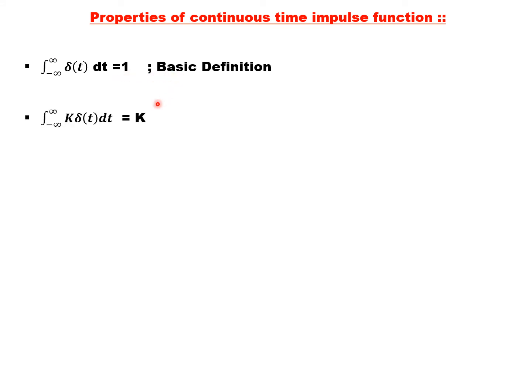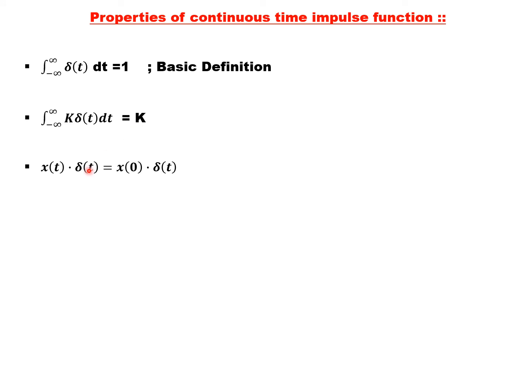Then suppose you have scaled your unit impulse, its strength is not 1 but k, increased or decreased by k times. Such an impulse, if you integrate, gives k, that is the strength of the impulse. Whatever area is under the impulse, you will get k.